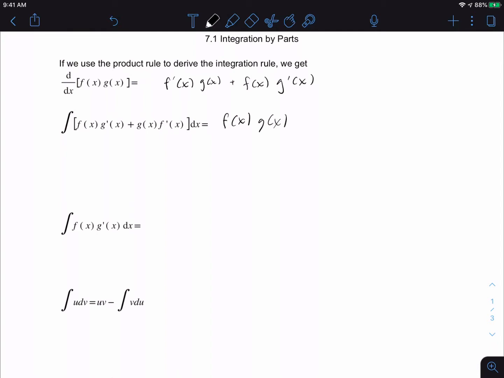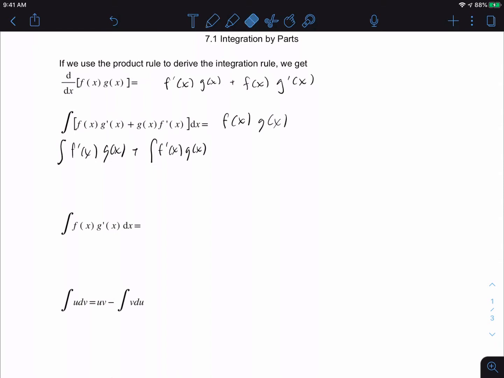Yes. Okay. Now, we also know that the integration of a sum is equal to the integration of each of the summed terms, correct? From Calc 1? Correct. So we know that the integral of, and I'll just write it how she did it, f prime of x, g prime of x.